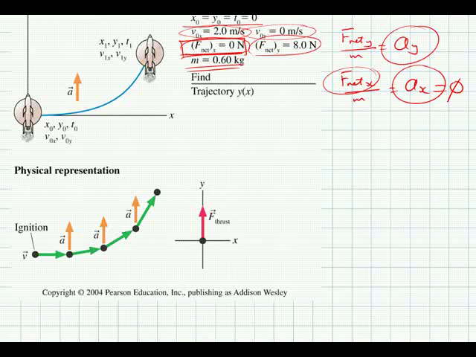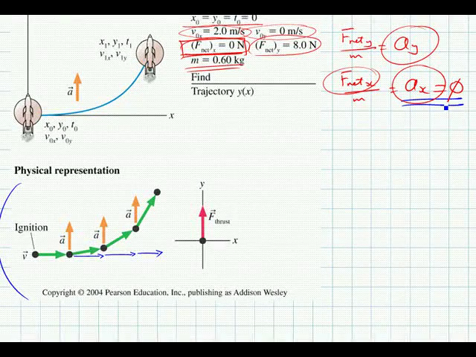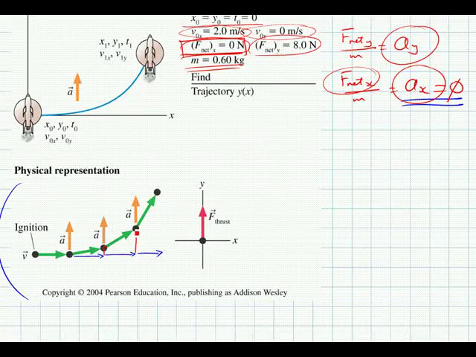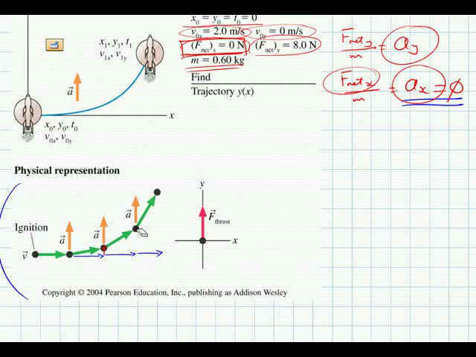So if we were to draw a motion diagram, the motion diagram is shown down here. As you can see, the x component of the velocity remains constant because of 0 acceleration along the x direction, whereas the y component of the velocity, oops, I made a mistake in my drawing, let me try it again.